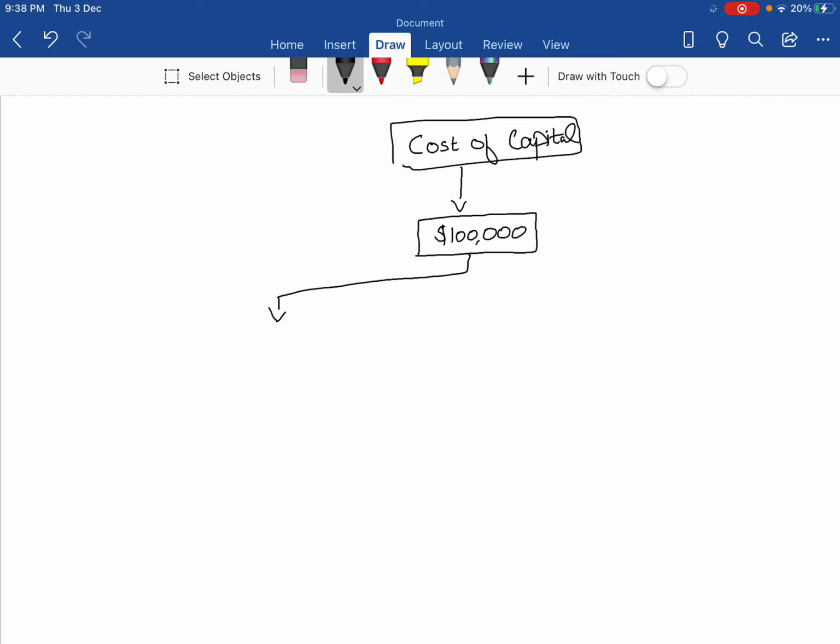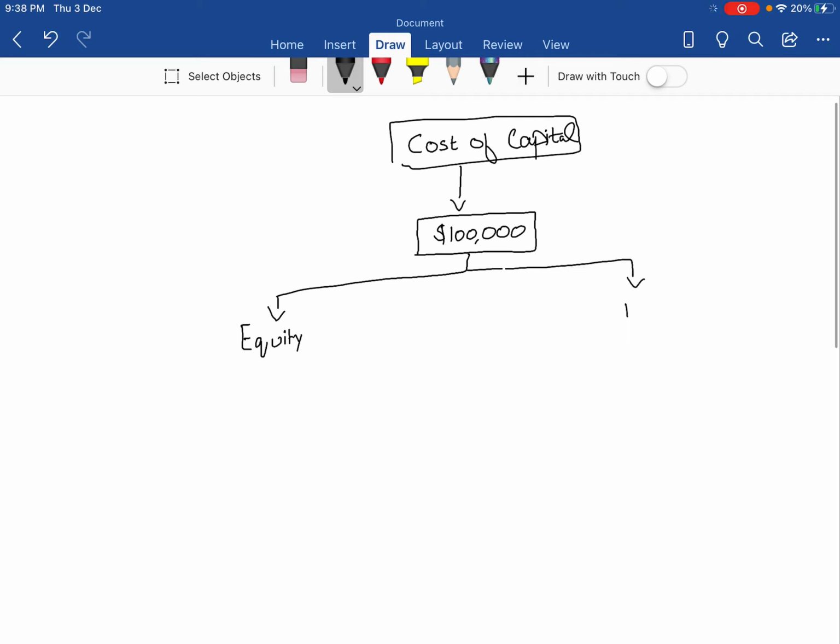There are two sources, which we call sources of finance. One is equity and the other is through debts.